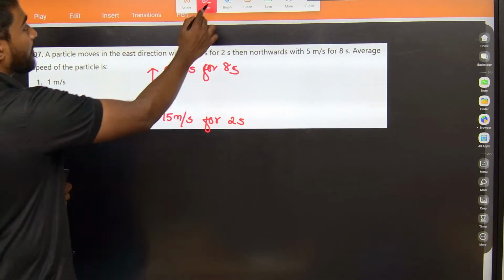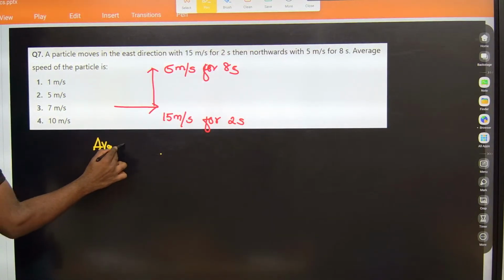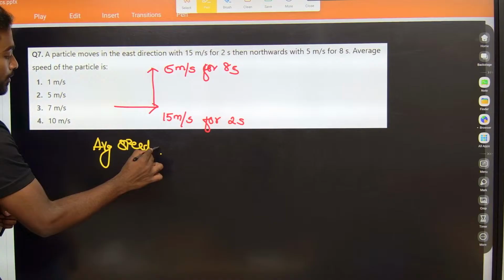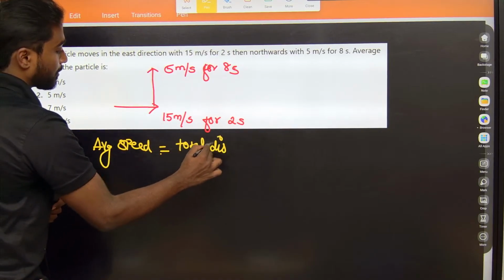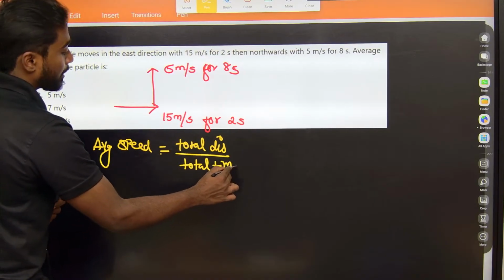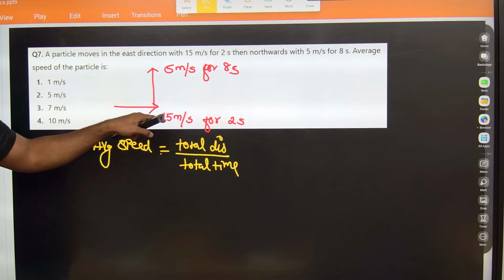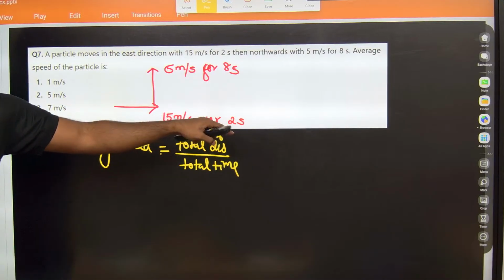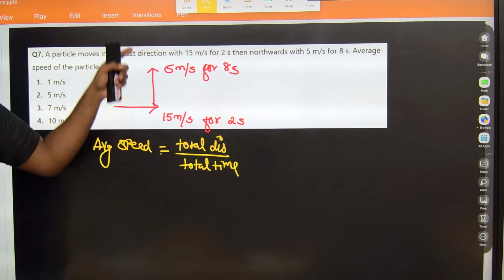So what is the average speed formula? Average speed is equals to total distance by total time. But here they have mentioned speed and time, so I can find the distance of eastward and distance of northward.